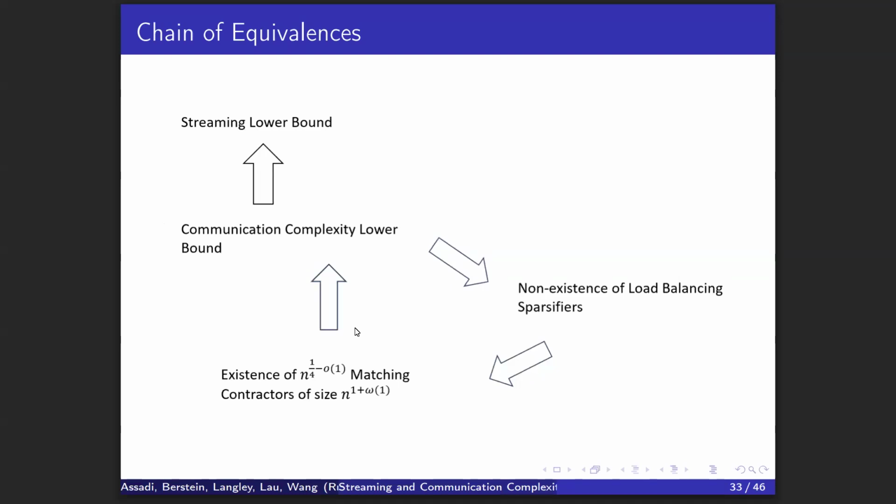And we show the existence of n to the 1/4 minus little o of 1 matching contractors. So the alpha is n to the 1/4 minus little o of 1, and the size is n to the 1 plus omega 1, so the size is bigger than polylog.